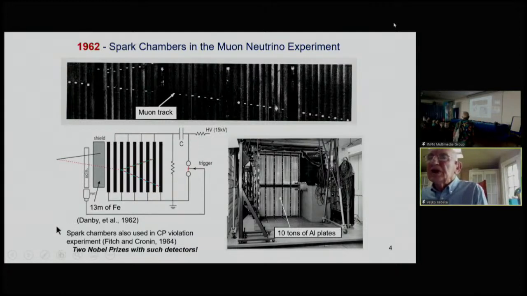They were used in the 50s and 60s and led to 2 Nobel Prizes, one for the muon neutrino experiment, the discovery of mu neutrinos, and also in the CP violation experiment in '64. So this is just to show how this type of detector had its very big role, not much future.